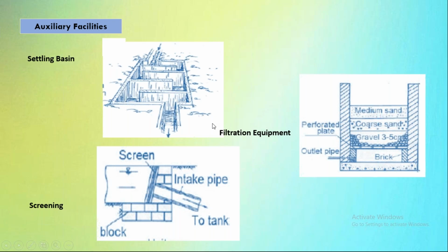Furthermore, if we want more purification or filtration of that water, we can use a gravel sand filter. In this type of system, the water is poured in from the top and taken out from the bottom, so that the minor soil or sand particles being carried by the water are filtered here.